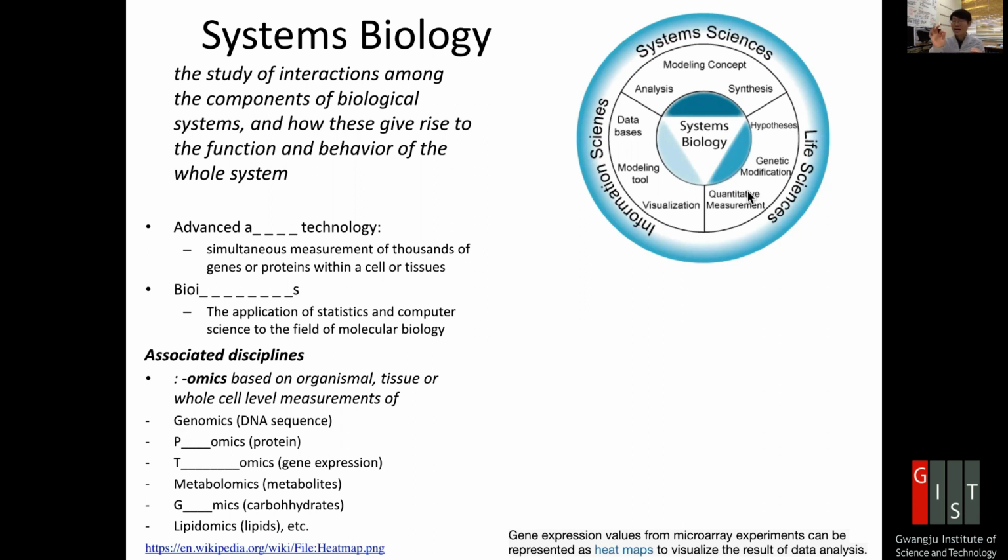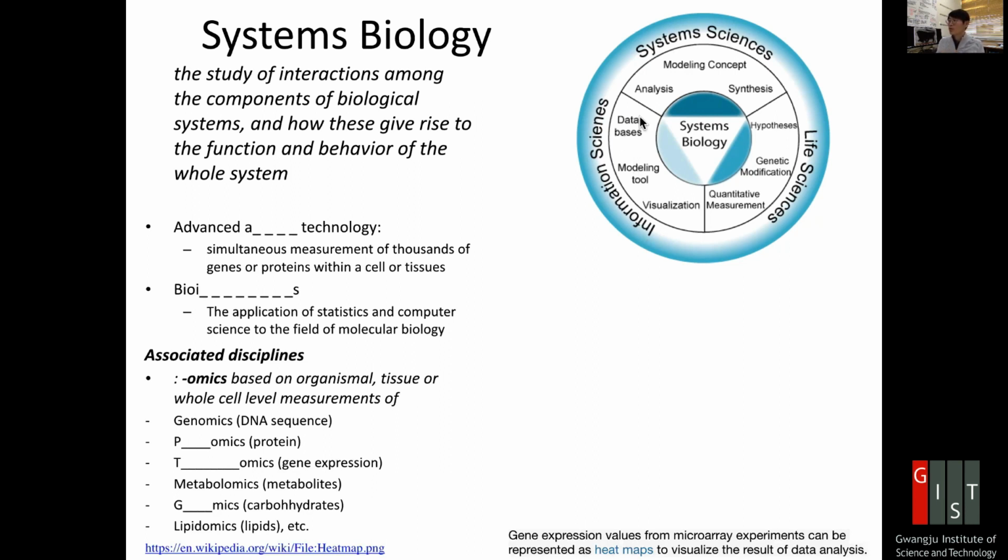Life science can study one gene at a time. However, now in this genome era, we can actually study multiple genes simultaneously. So that requires a systems science approach. We see the biological entity as a system that requires modeling, synthesis, and analysis of the whole system, which led to an information science component.